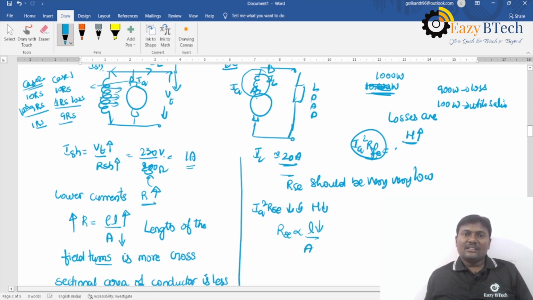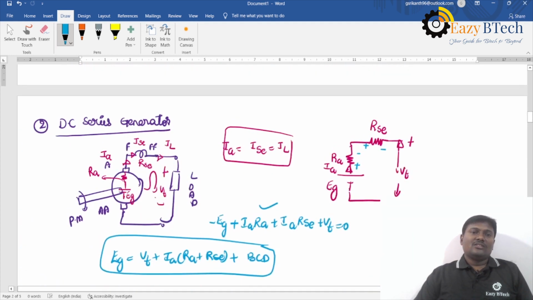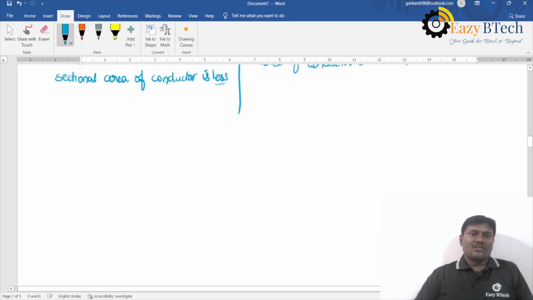The length of the turns will be decreased and the cross-sectional area of the conductor is increased. That's why series field turns are less, shunt field turns are more. So this is a very important question.